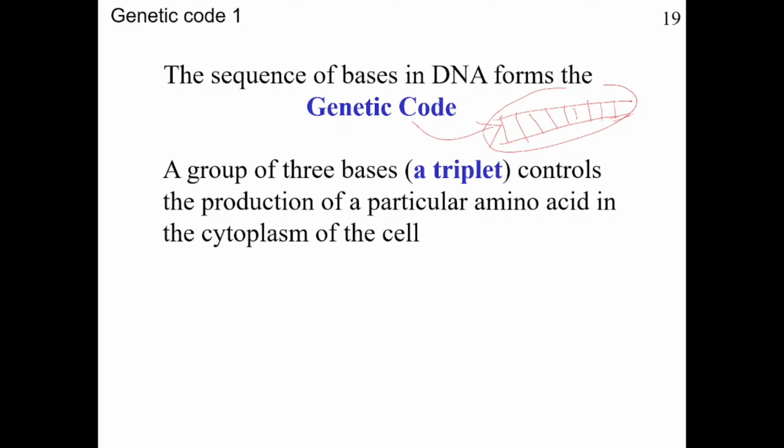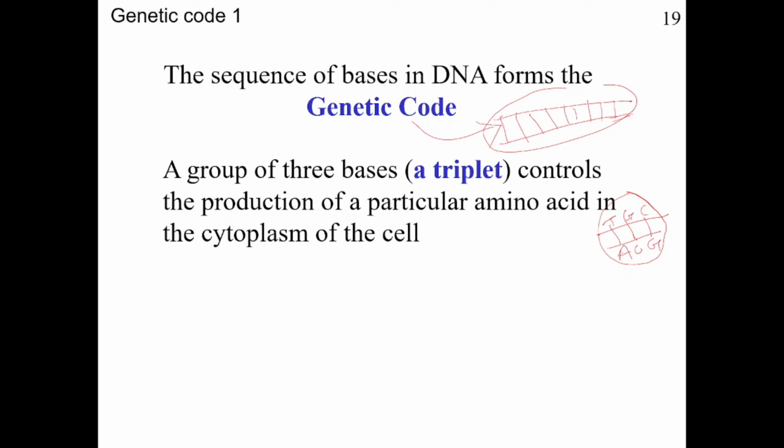So let's take a small cut of DNA. This is called the triplet code. Let's say this is A, C and G, A, T, C, then G, G, C. These three nucleotides combine and form a triplet. A triplet is a type of gene which controls the activity of the DNA.